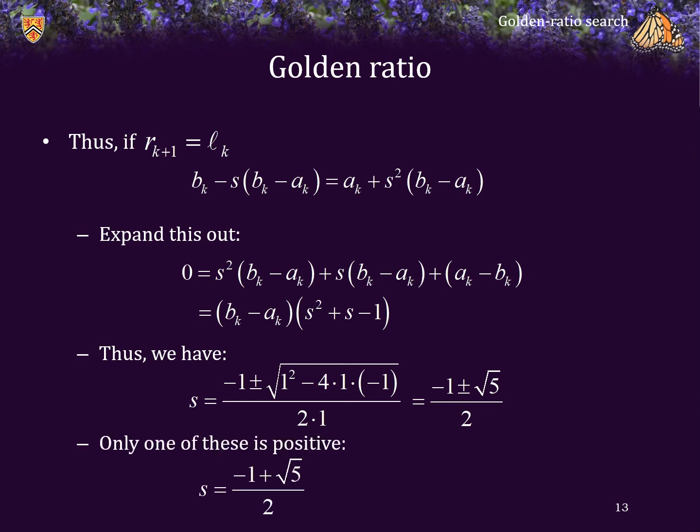Now, only one of these two values is positive, and s should be positive, and it is this one here, -1 plus root 5 all over 2. Well, this is equal to root 5 minus 1 over 2, which is approximately 0.618034.